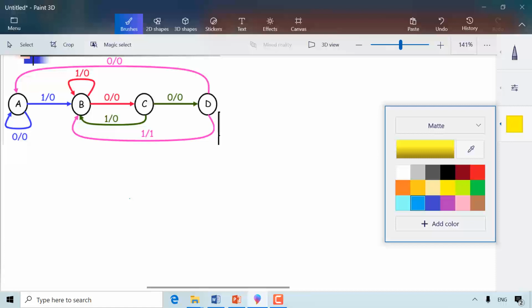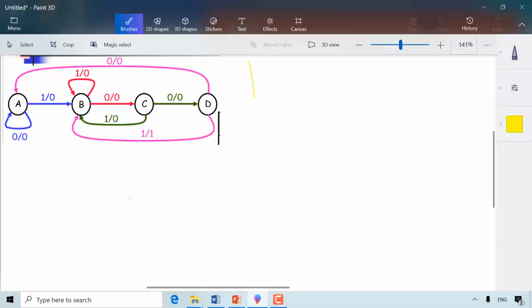So I have here one for present state, for Q1 and Q0, and then an input which is X. So these are my inputs to the circuit.